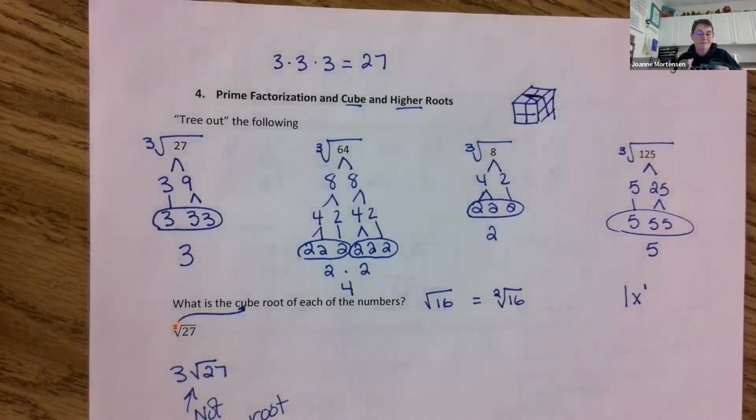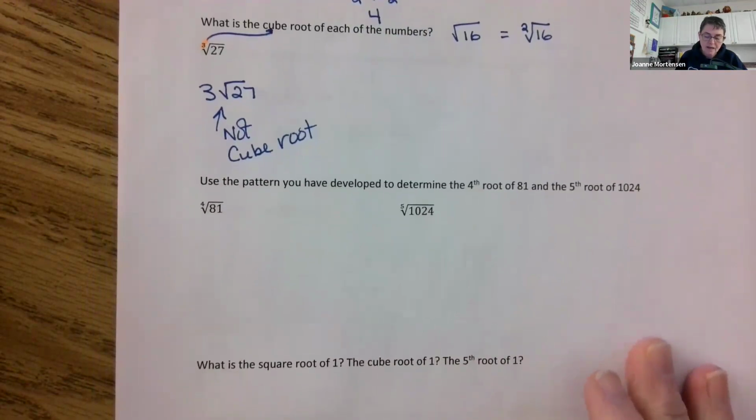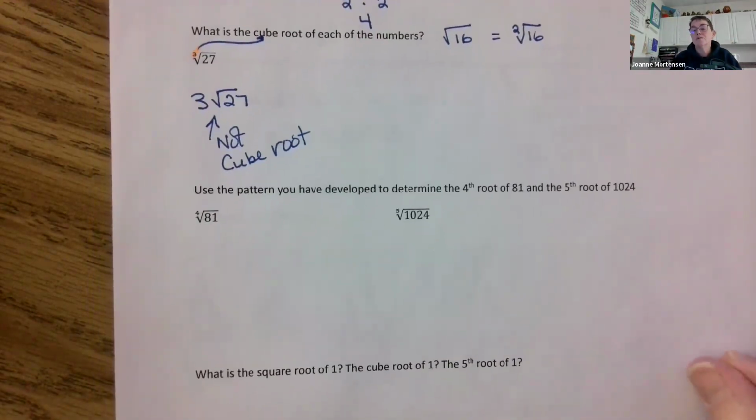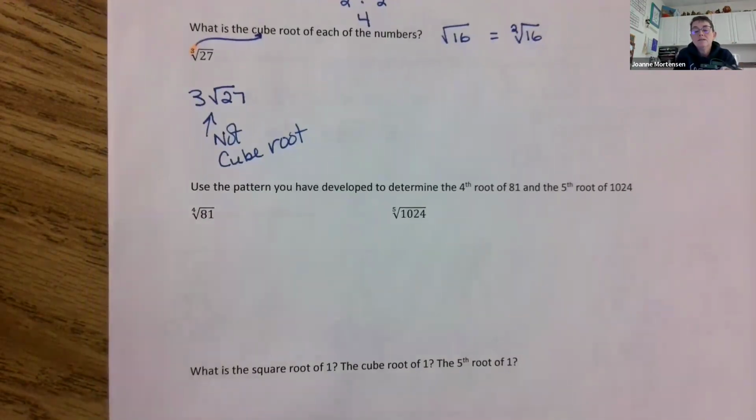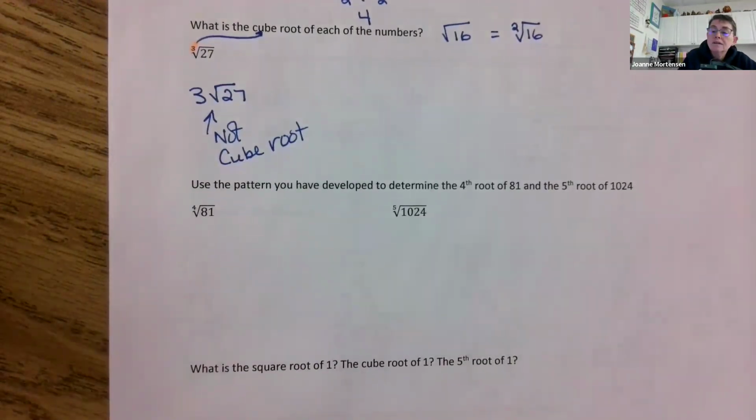Wait, there's more. We're going to skip down here because this is where the real power comes in: we can use this to do whatever power the questions ask. So for example, see the teeny tiny 4? That means I'm doing the 4th root.